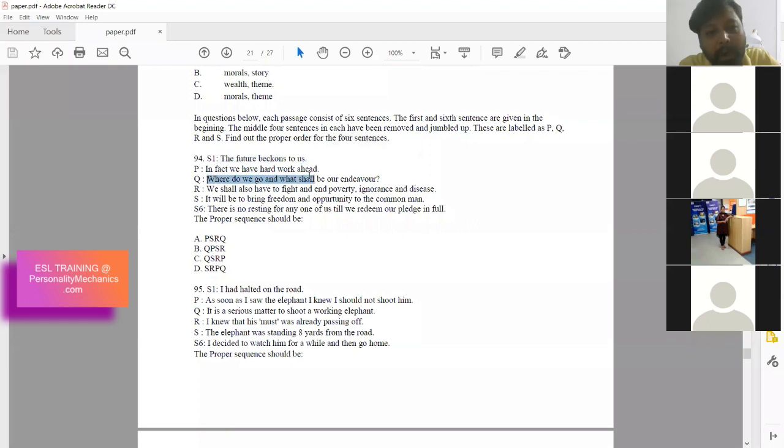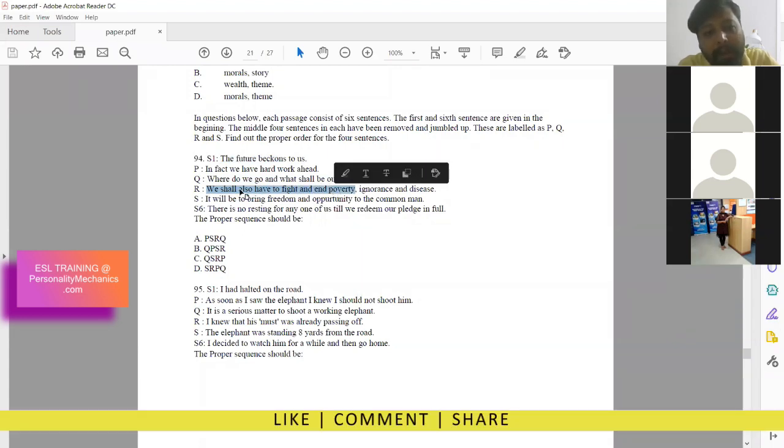Where do we go and what shall be our endeavor? This is a neutral sentence, it's a question, so this can be the next sentence. Next is we shall also have to fight. The word also tells me that this cannot be the next sentence, because in the first sentence we do not know what it is that we are fighting, hence also is not going to be the next sentence.